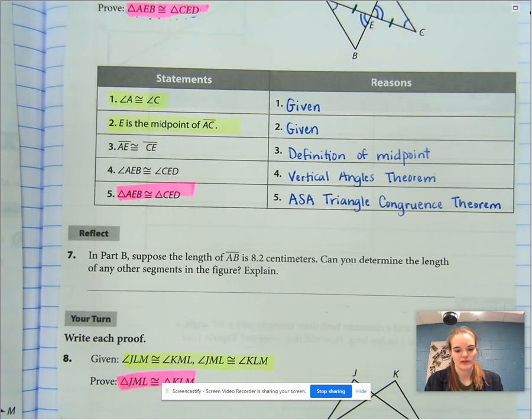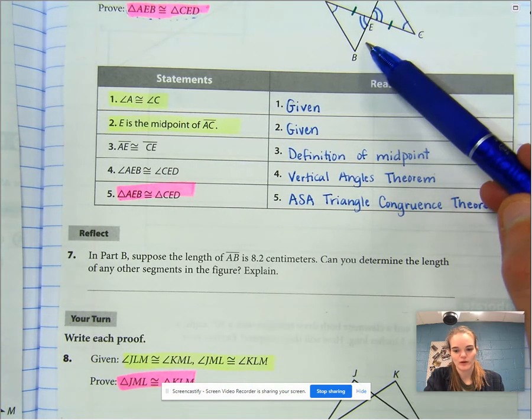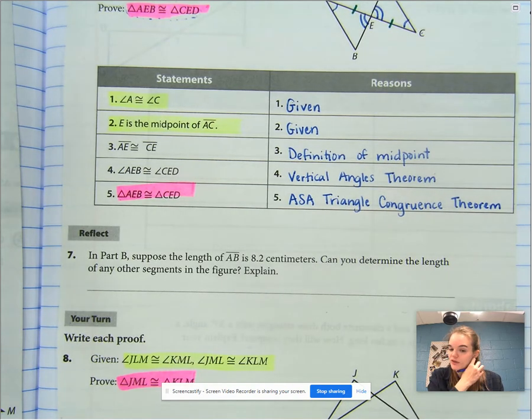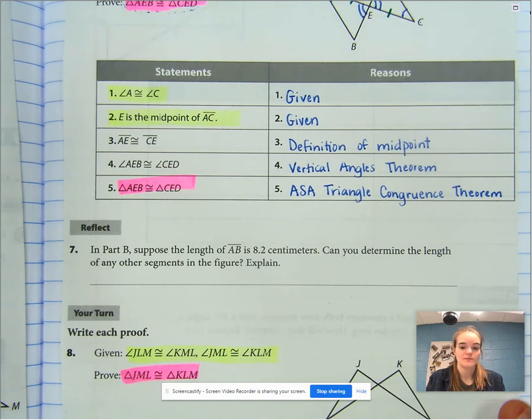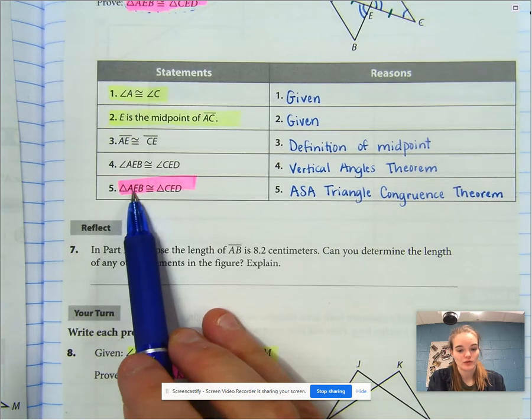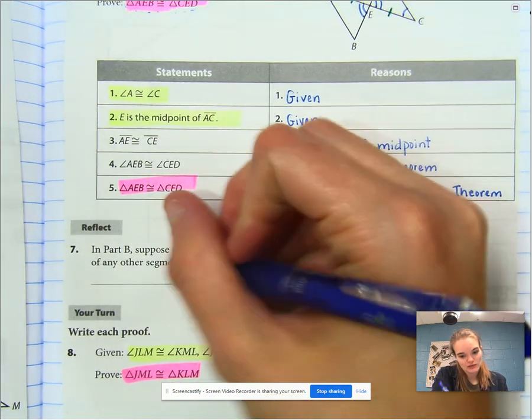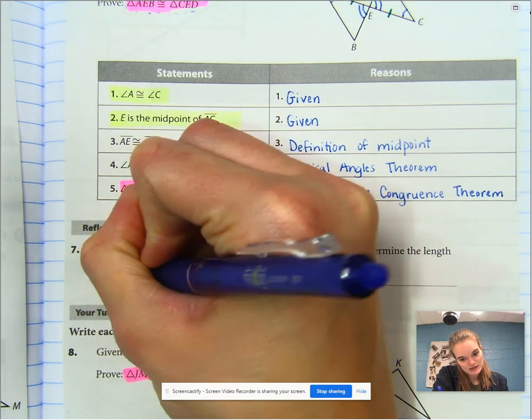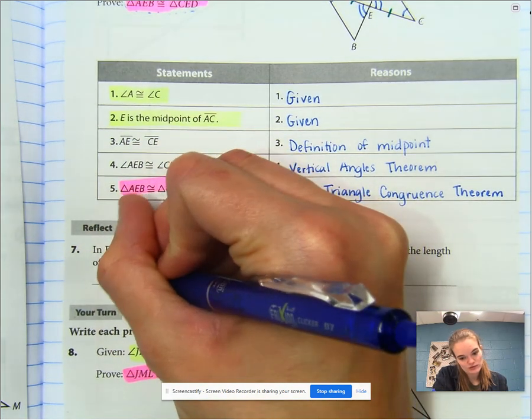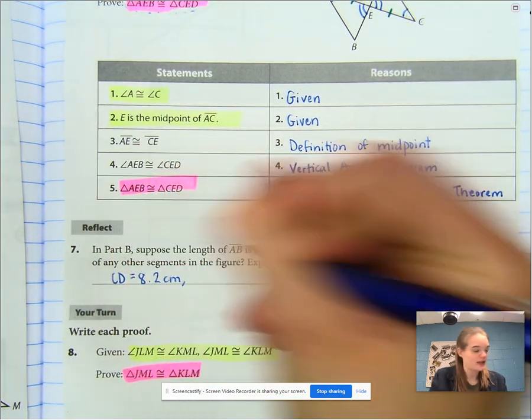All right, number 7. In part B, up here, suppose the length of AB is 8.2 centimeters. Can you determine the length of any other segments in the figure? Yes. If AB is 8.2 centimeters, let's see what AB goes with, since they're congruent now. AB goes with CD. That means CD is 8.2 centimeters. It says explain.